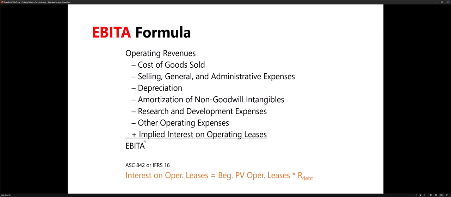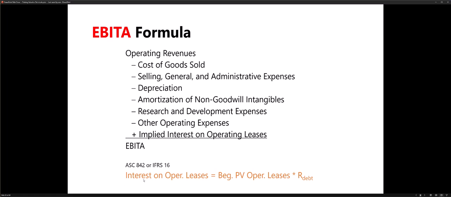All right, and then you get your implied interest on operating leases. So let me explain this a little bit. Back in 2018, you might see it on the 10-K for 2018 or 2019, depending on their fiscal year end, we have this new standard called ASC 842 or IFRS 16. For some reason I can't remember 842, I can always remember 16.